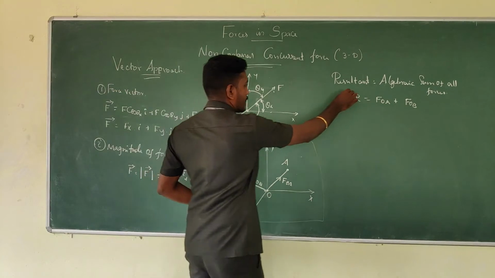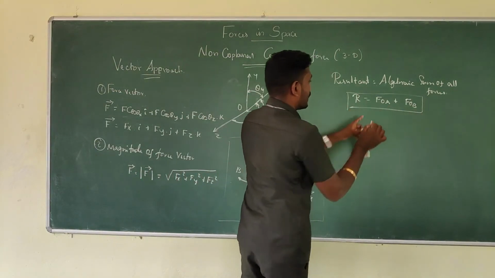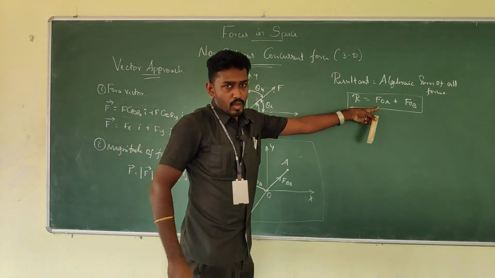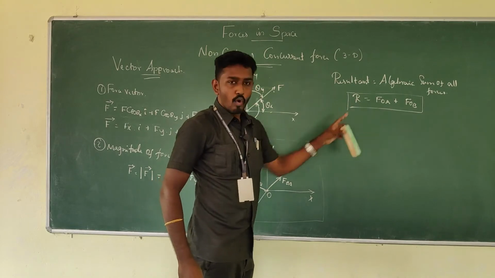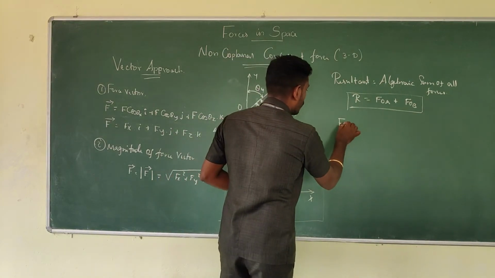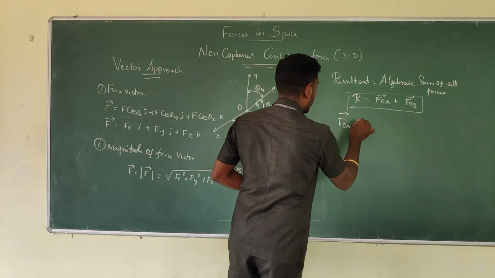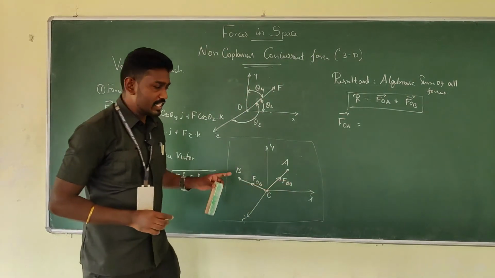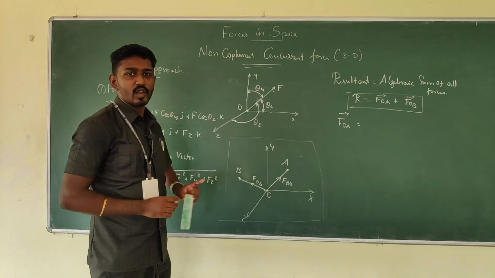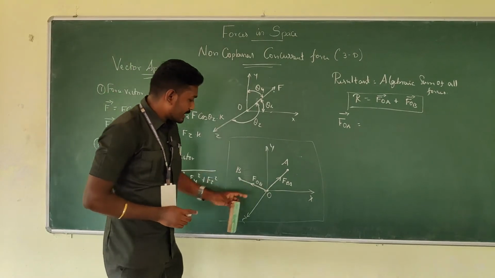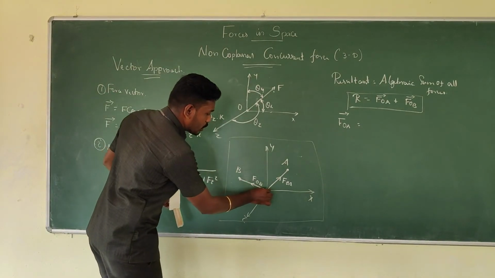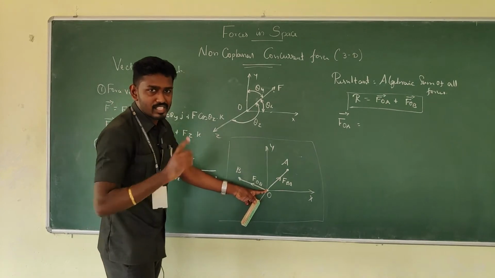If suppose in the resultant, you want to find the force vector of FOA, when it is between 2 points, we need coordinates. So I can say this O is the originating point, it's a starting point.